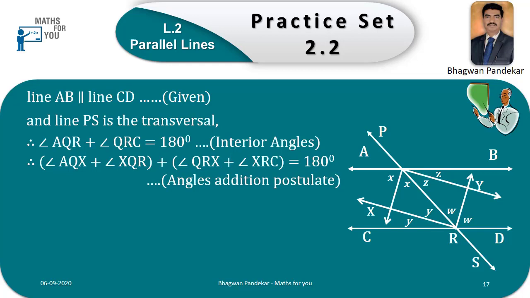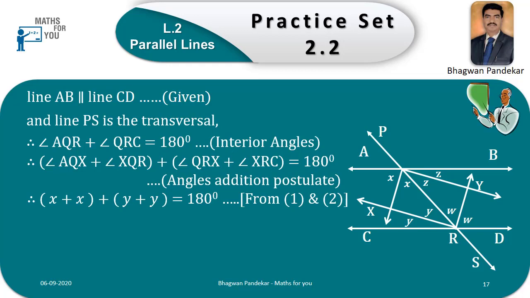Reason is angle addition postulate. Therefore, (x plus x) plus (y plus y) is equal to 180 degrees from equations first and second. So the first bracket addition is 2x and the second bracket addition is 2y. So therefore, 2x plus 2y is equal to 180 degrees.